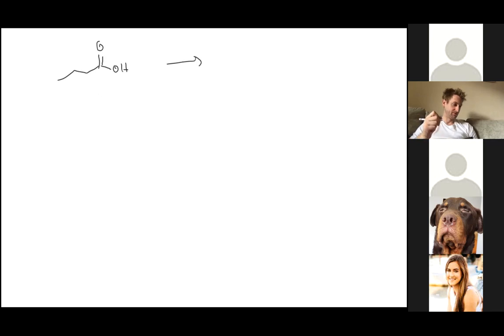We're going to use a slightly different set of reagents for this: Br2 and PBr3, followed by water. This is also going to let us brominate here.